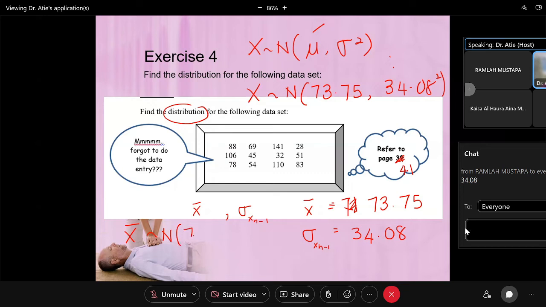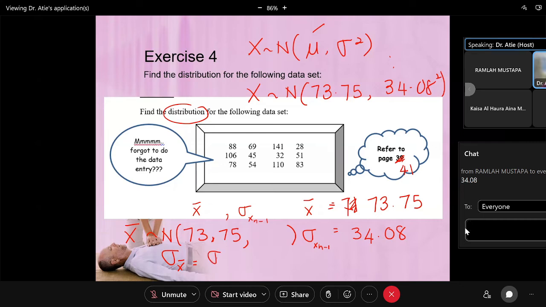So 73.75. This mean will always be the same, just like the mean sampling that we used to do. So the difference is only the standard deviation. So we need to find the standard error or the standard deviation for the sample.